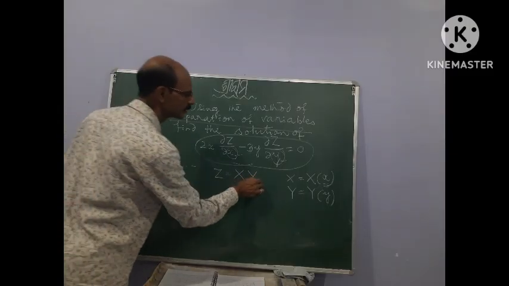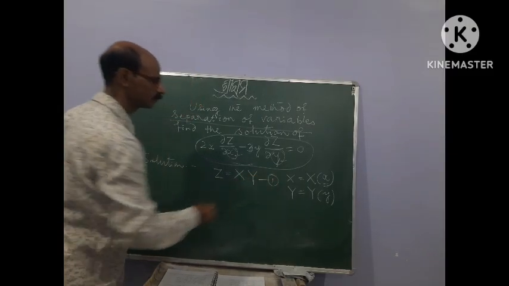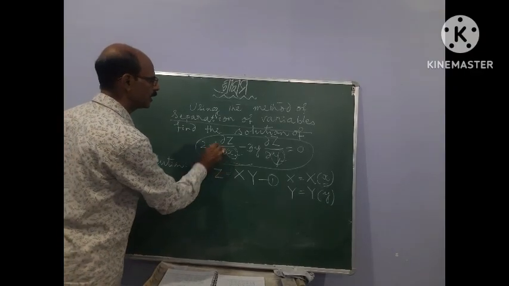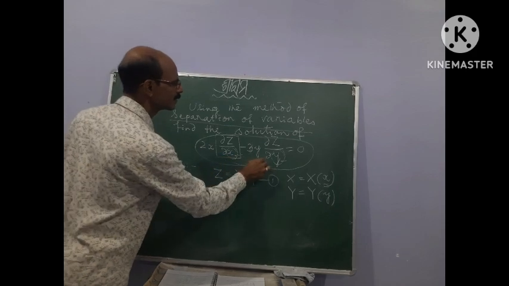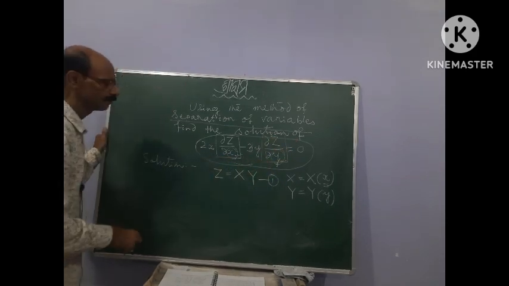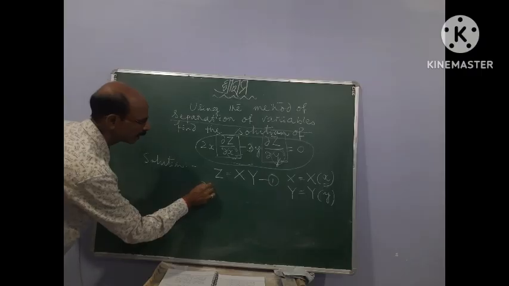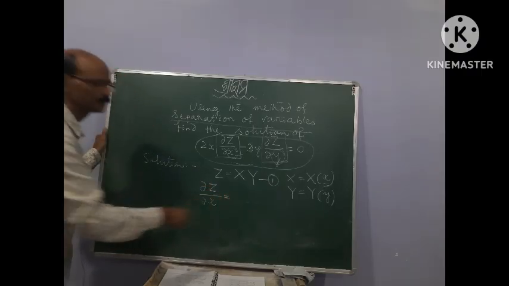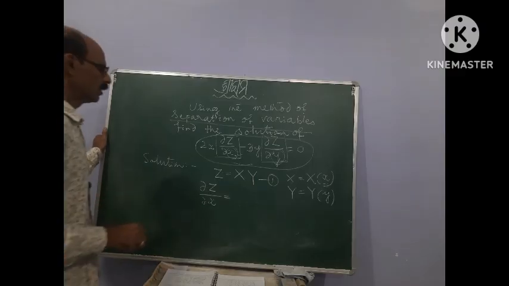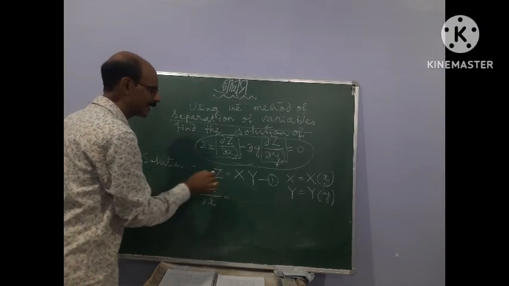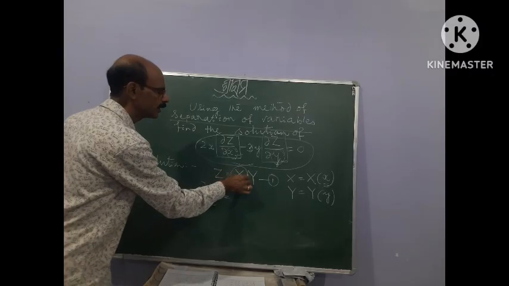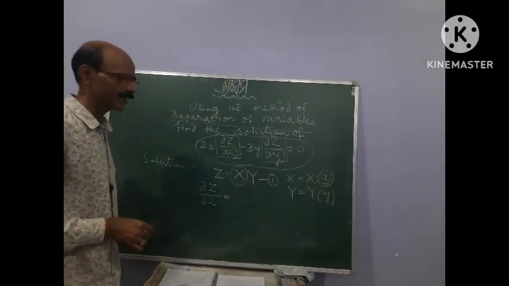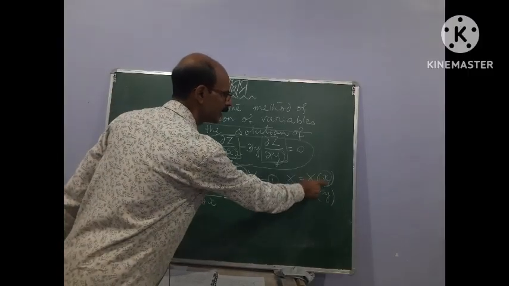Now suppose this is equation 1. Now we require del z by del x and del z by del y. तो पहले del z by del x निकाल लेते हैं. सो यहाँ del z by del x निकालेंगे तो ये जो कैपिटल X है ये ओनली x के ऊपर डिपेंड करता है. y is independent of x.